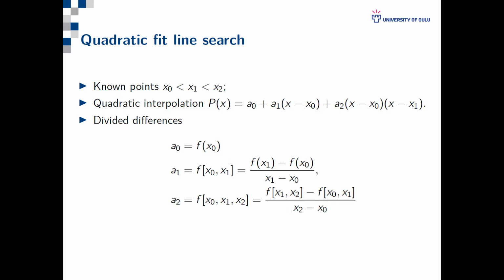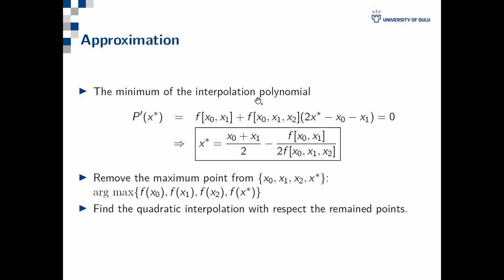And if a2 is a positive value, then we compute the minimum point of this one, and it is the new point in our set. So the derivative of our interpolation polynomial at x star must be 0. You can compute this x star, and then you have to compute 4 function values: the value of the function at x0, x1, x2, and the new point x star.